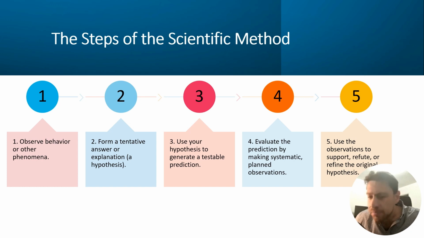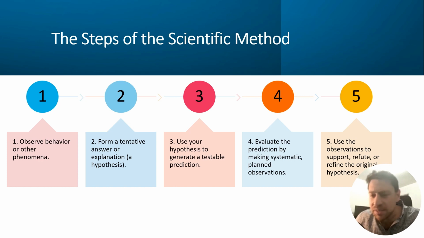Step number 3, use your hypothesis to generate a prediction, but not any prediction, one that is testable. And we'll talk more about what that means later in the course. Step number 4, evaluate the prediction by making systematic planned observations, which often involves setting up and running an experiment.